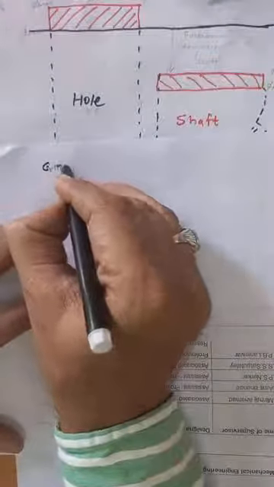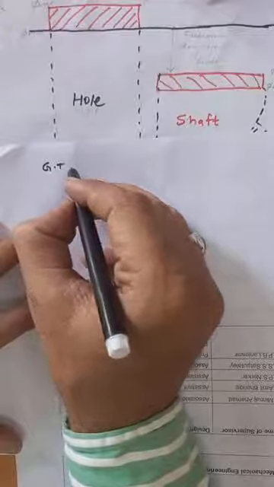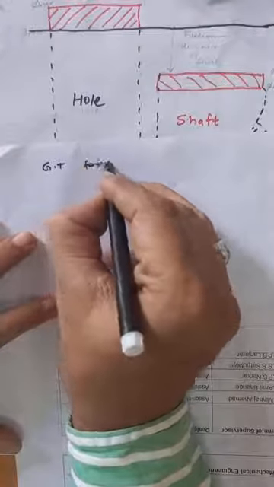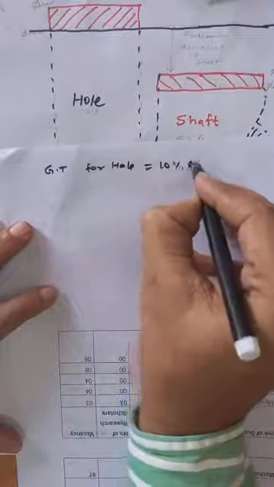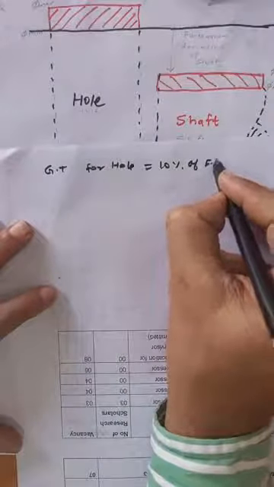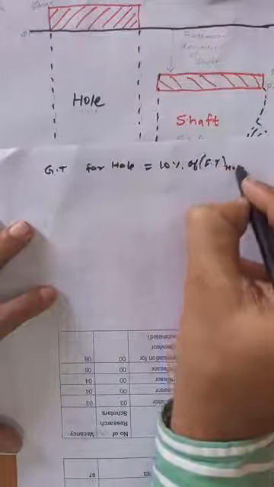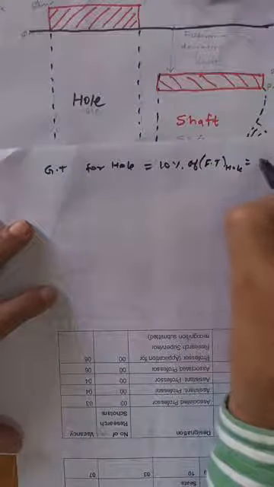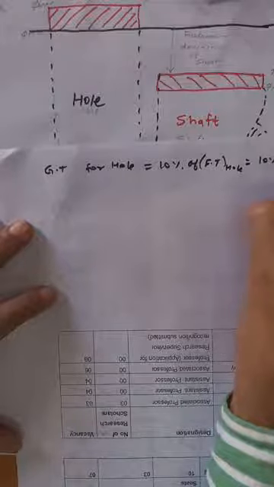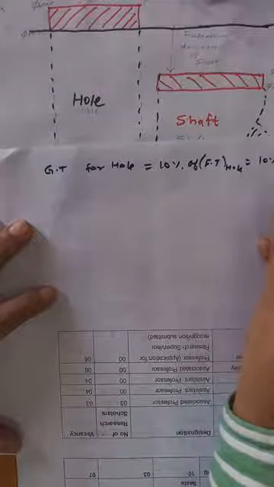So we'll calculate the gauge tolerance for hole. It comes to be 10% of the fundamental tolerance for hole, that is 10% of 0.0209 mm.